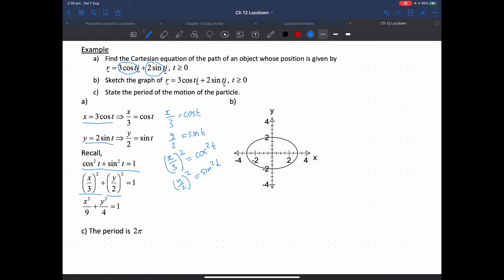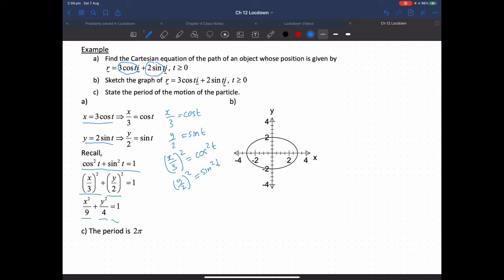So I've now substituted x over 3 all squared plus y over 2 all squared to replace the cos squared t plus sine squared t. This has eliminated the t and only left me with x and y. So squaring those out, I get x squared on 9 plus y squared on 4 equals 1.